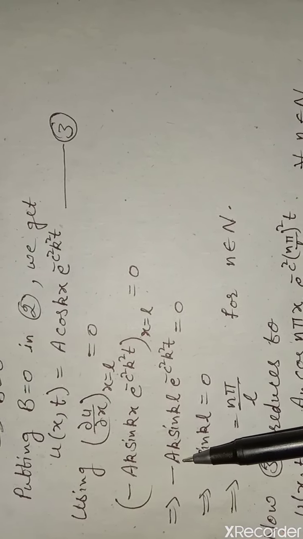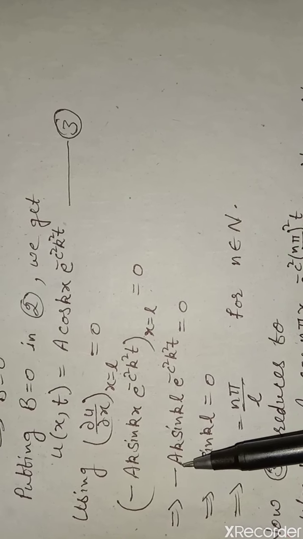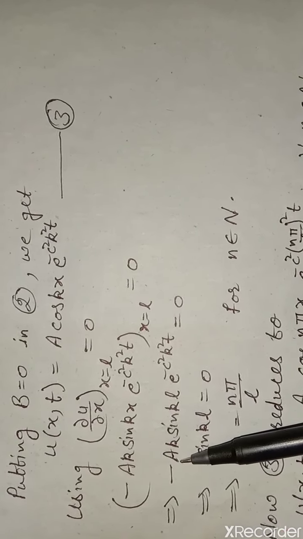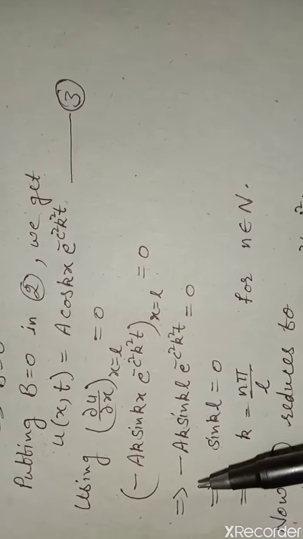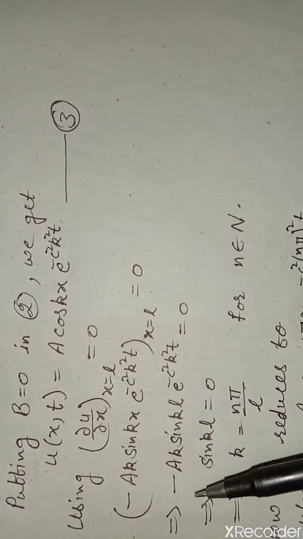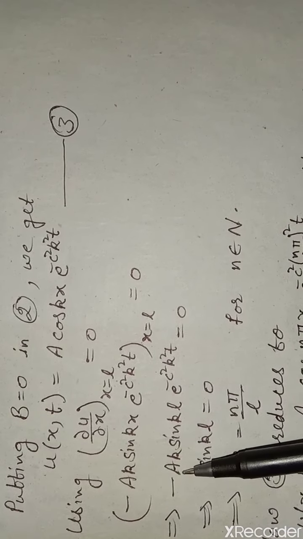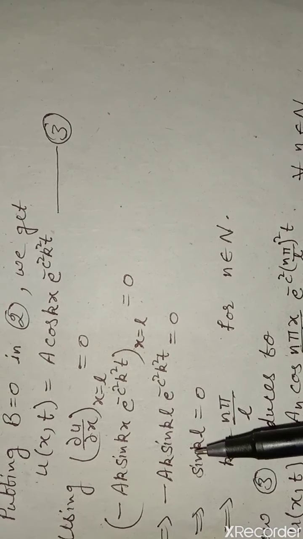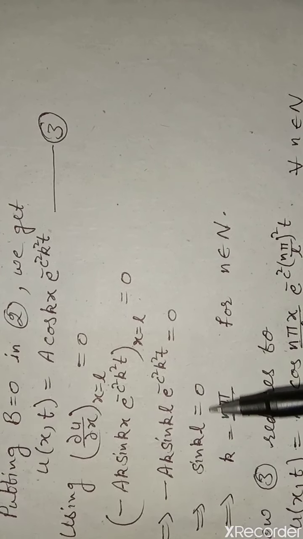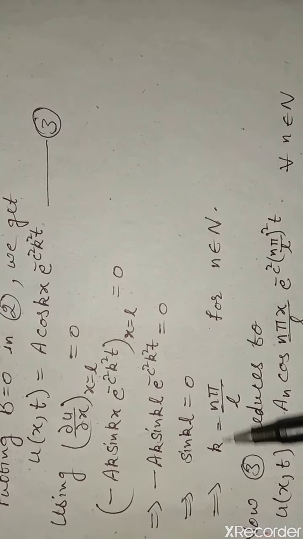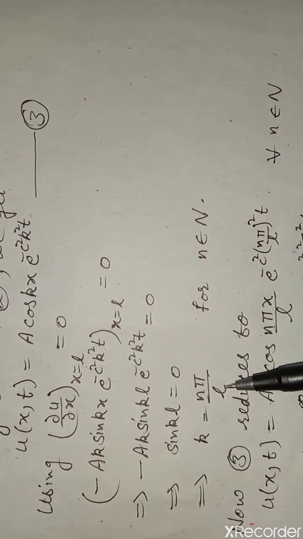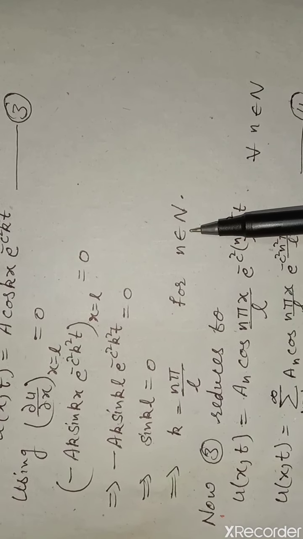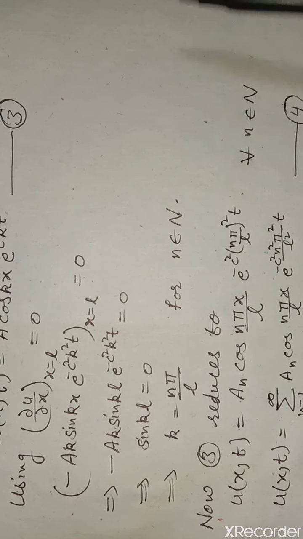If we assume a to be 0, then the whole solution will become 0. So this is not possible. So that's why a is non-zero. This exponential part is non-zero. So it means sin kL must be 0. So the value of k is nothing but n pi by L, where n is 1, 2, 3, all natural numbers.